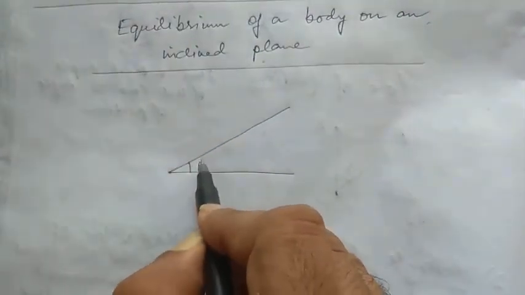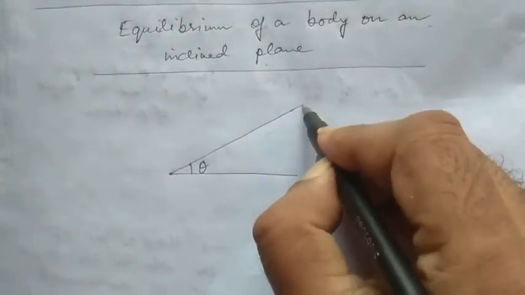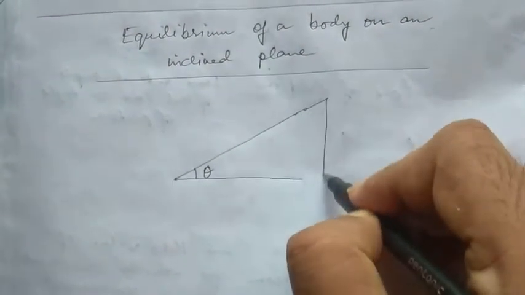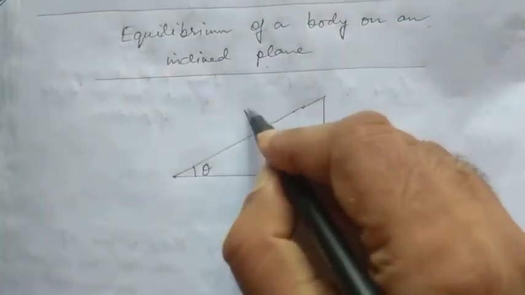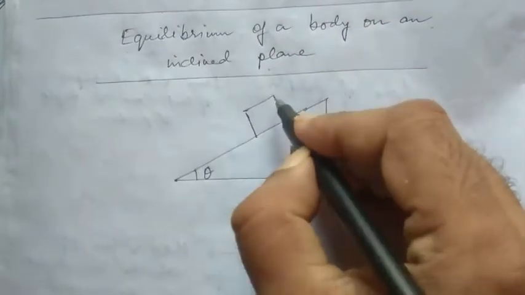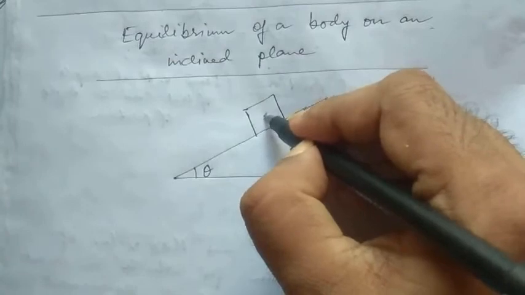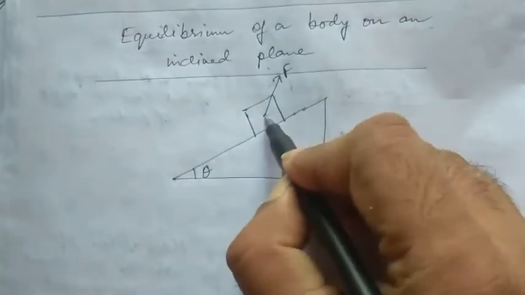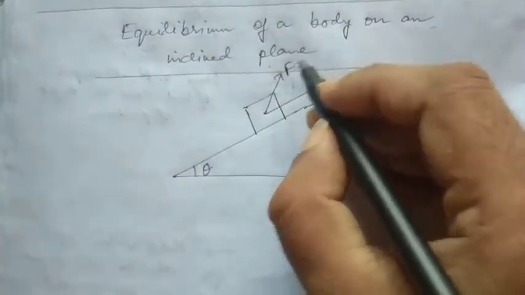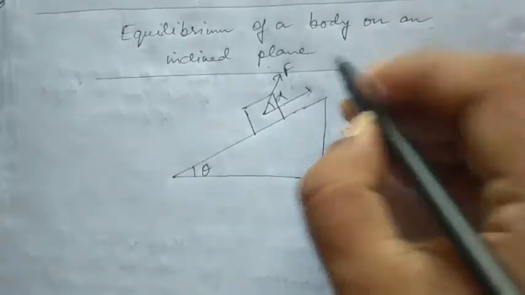Suppose this is theta. Now this is pulled with a force F in this direction at an angle of, suppose, alpha.